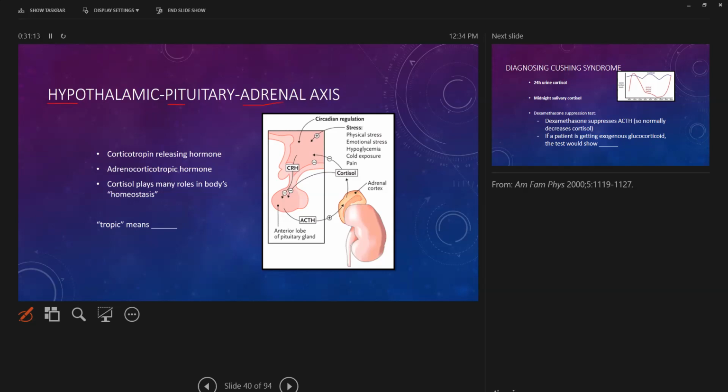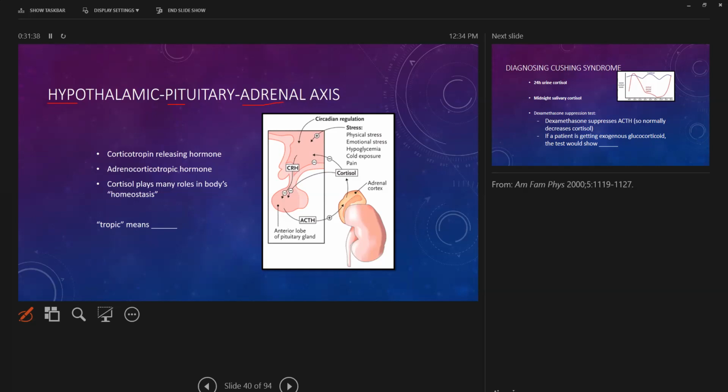And then to the adrenals. So here you get your cortisol releasing hormone, targets the anterior lobe of the pituitary, releasing ACTH, also known as adrenocorticotropic hormone, which then goes to the adrenal gland and causes the release of cortisol.